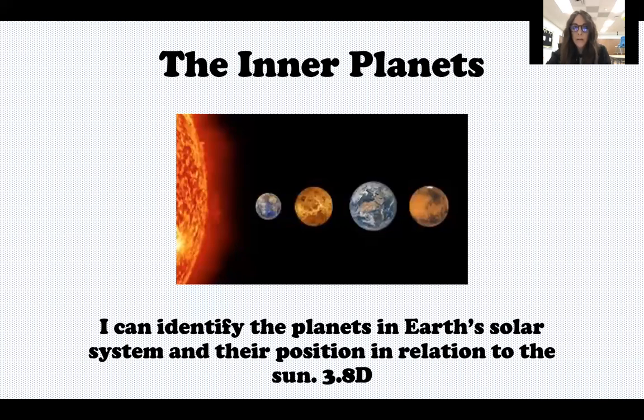Okay, we're going to talk and learn about how the closer a planet is to the sun, the shorter its revolution period is, or the shorter amount of time it takes for that planet to orbit the sun one time. That's because it has a shorter distance to go. So obviously it's not going to take as long.